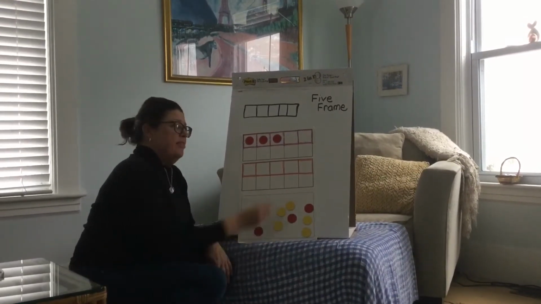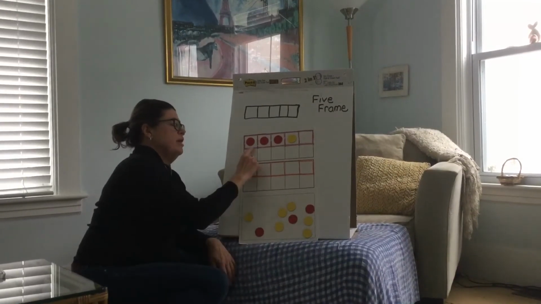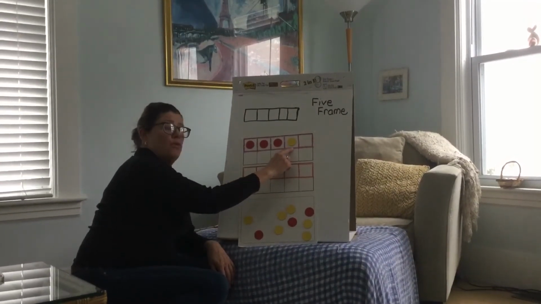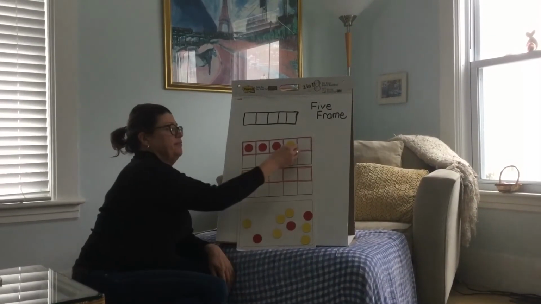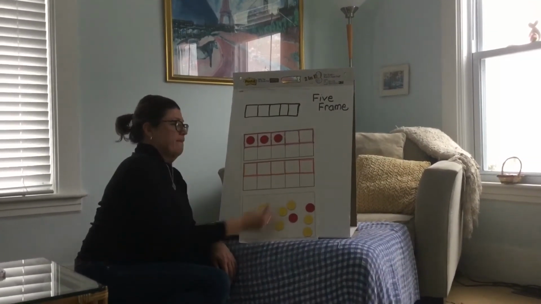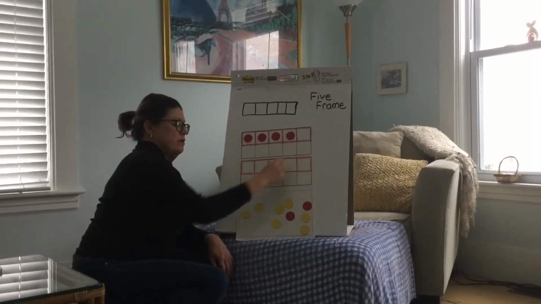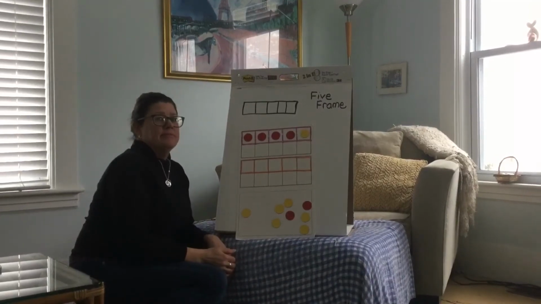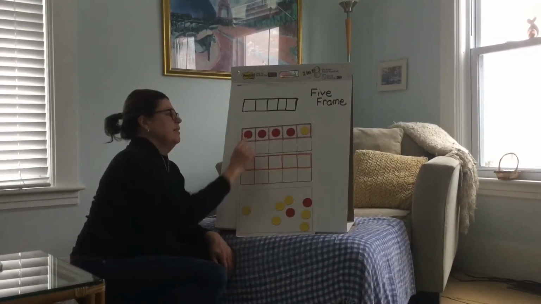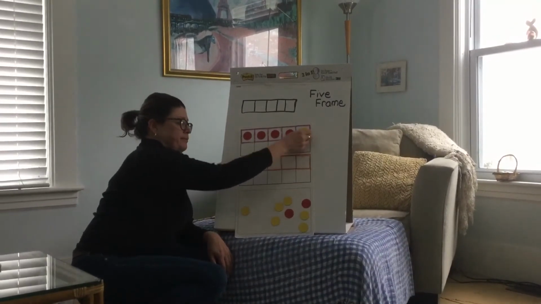What's one more than 3? 1, 2, 3, 4. 4 is one more than 3. What's one more than 4? 5. 5 is one more than 4.